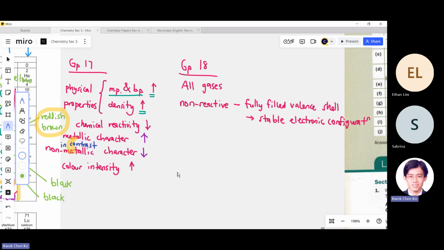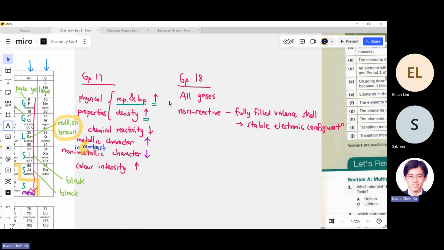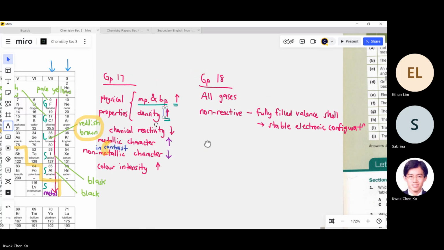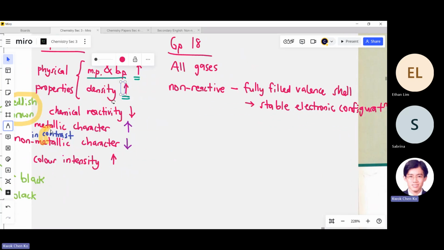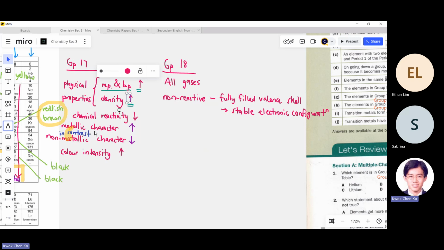That's about it for group 18. Yeah, probably they won't ask anything else, because it's really special. And in case you are wondering about metallic character, non-metallic character, nothing much to say about them because they don't like to gain electrons, they don't like to lose electrons either. So nothing much of each. They hardly have any so-called metallic or non-metallic character.